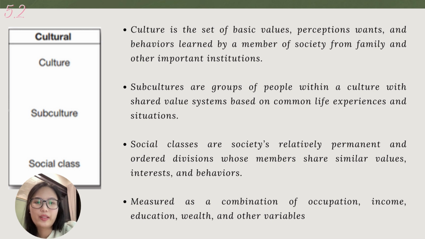Subcultures are groups of people within a culture with a shared value system based on common life experiences and situations. Finally, social classes. Social classes are relatively permanent divisions in society whose members share similar values, interests, and behaviors, and are measured by a combination of occupation, income, education, wealth, and other variables.